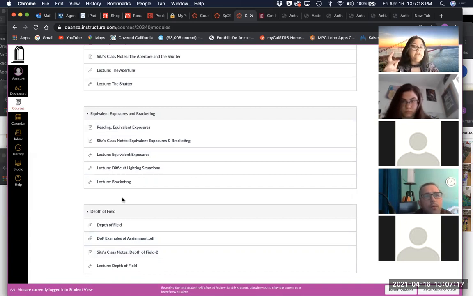You need to understand how your camera functions, which is what most of this is. Okay, I see it's labeled here with this assignment timeline. Then go through depth of field, which is the amount of space in the frame that's in focus from the foreground to background, and then do the assignment.